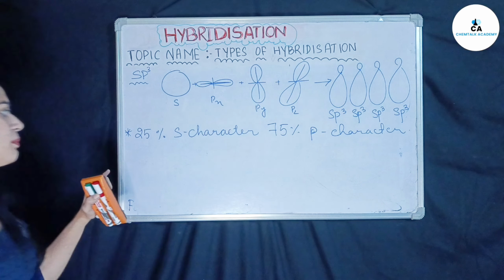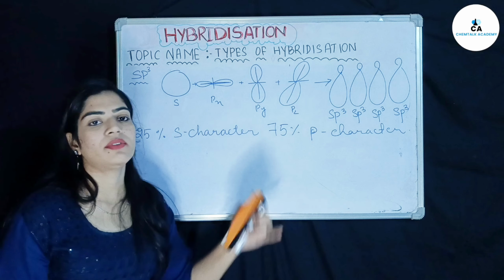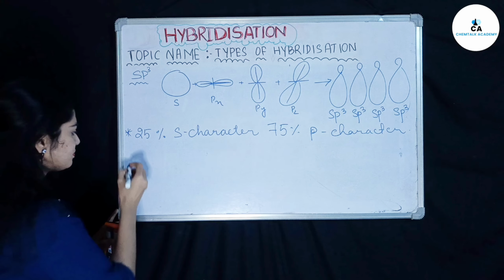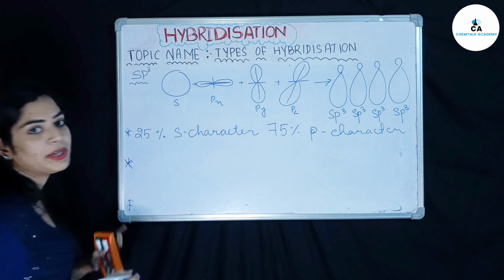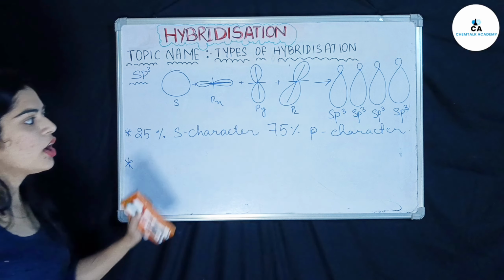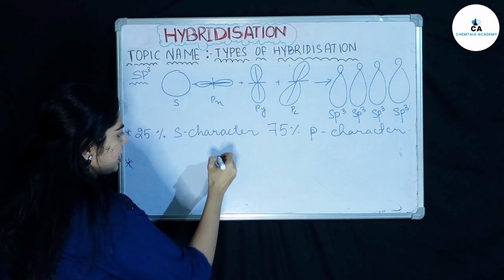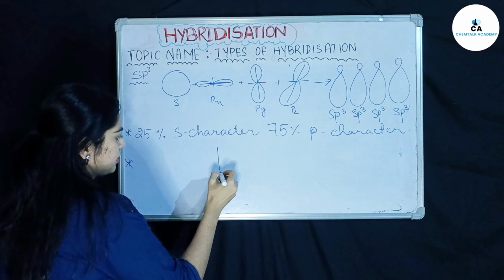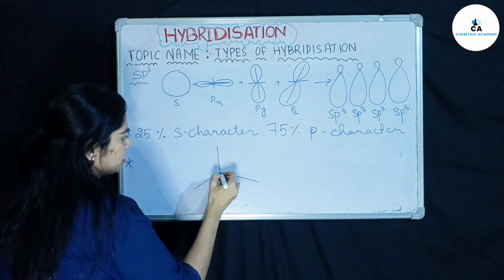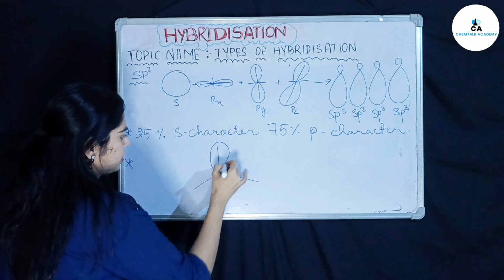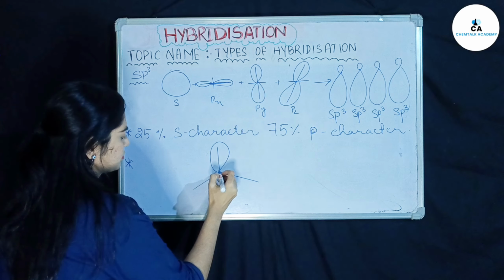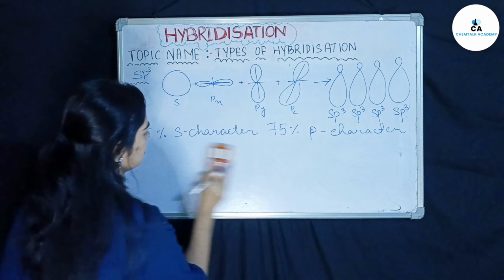Now what will its structure be? Tetrahedral. How many orbitals are there? 4 orbitals, so the structure will be tetrahedral. Just let me do it like this.